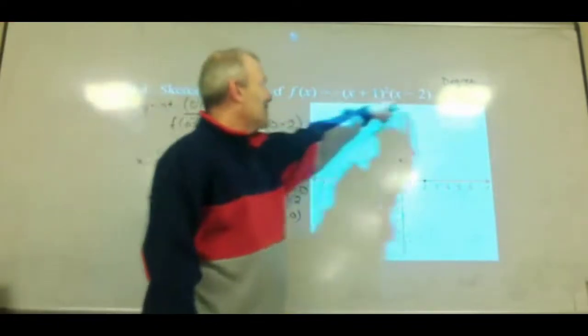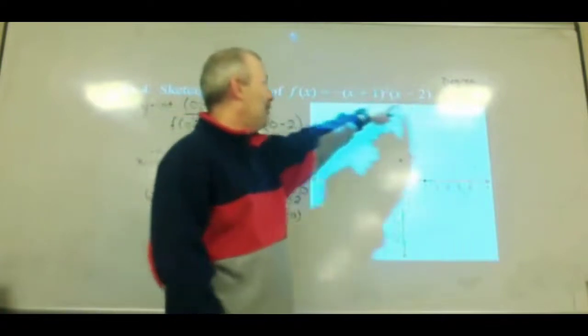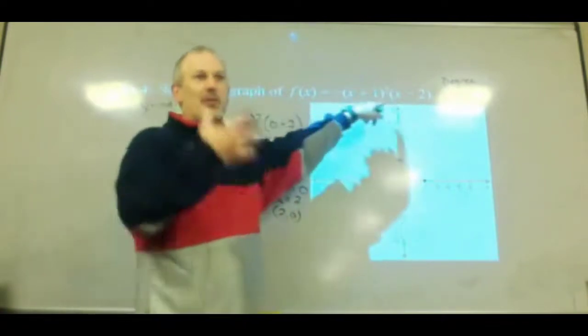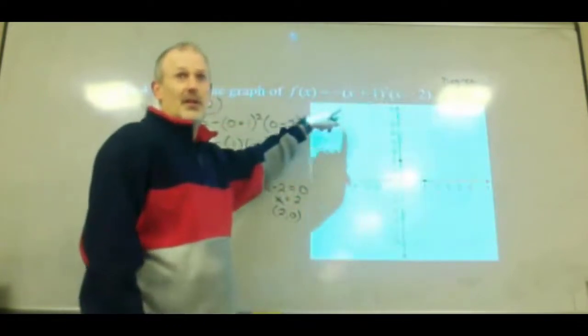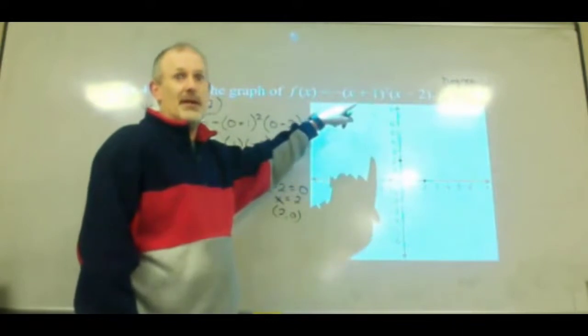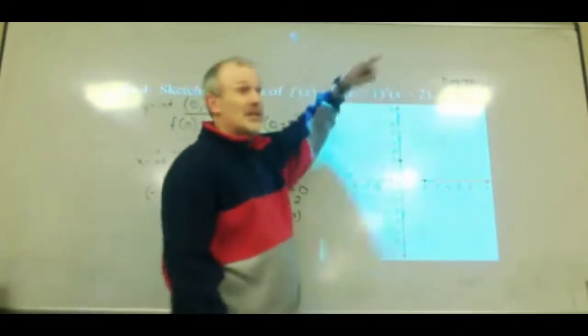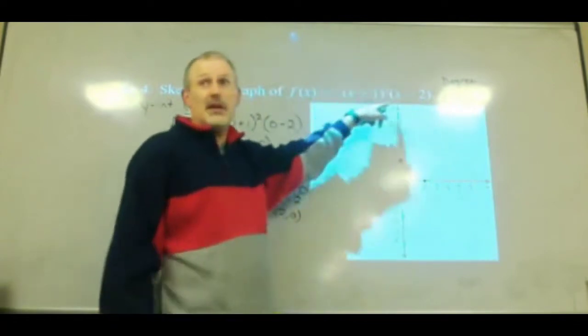But looking at this and thinking about what we actually just talked about in our last example, what would the degree of this function be if we multiplied it all out? No, and the reason it's no is because remember there's 2 of these, so the degree would be 3.